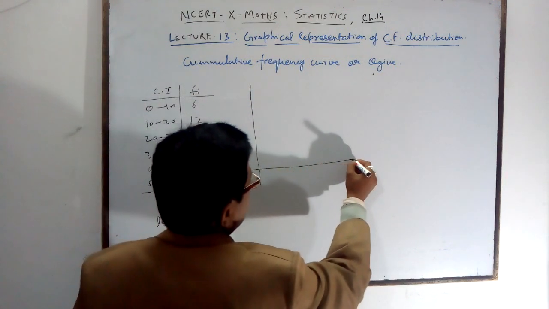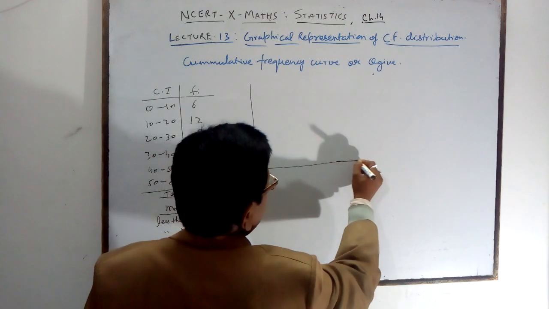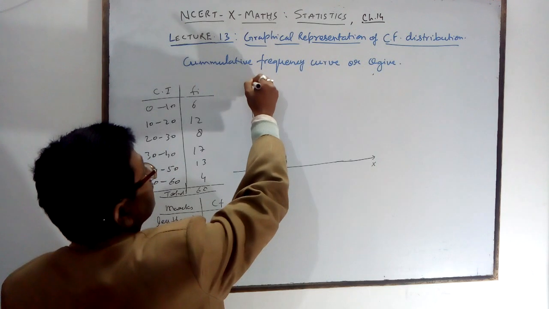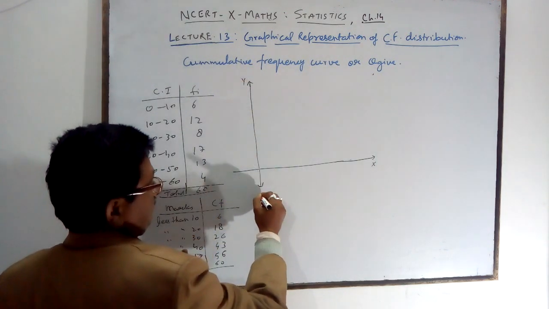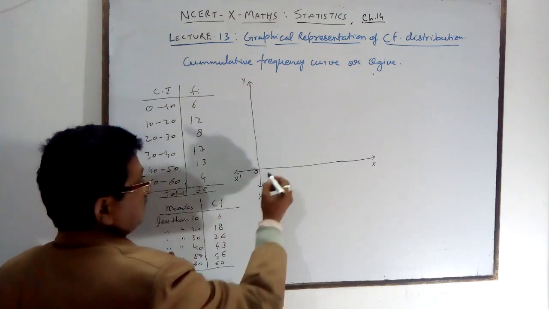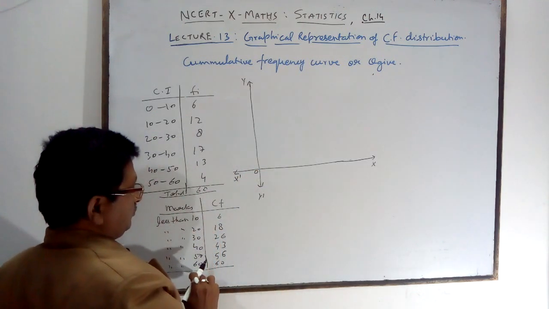Draw a positive quadrant. If it does not start from 0, then we know the kink sign will be used. X, Y, here Y dash, here X dash, here 0. Then take equal gaps: 10, 20, 30, 40, 50, 60.